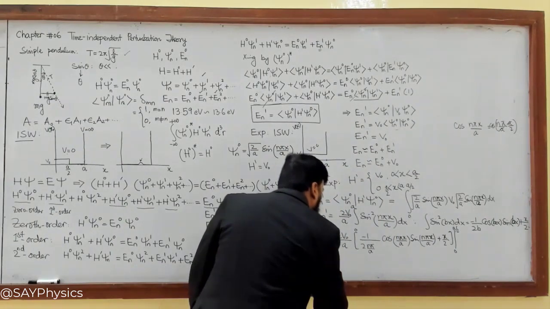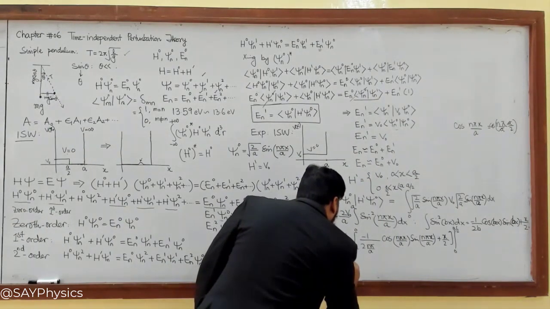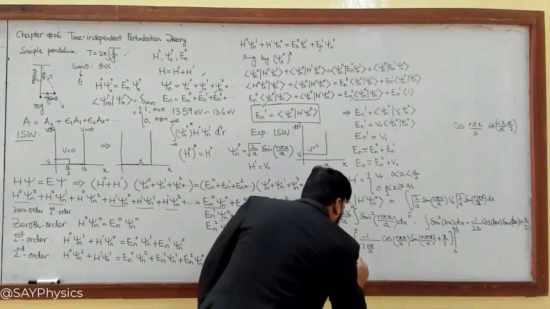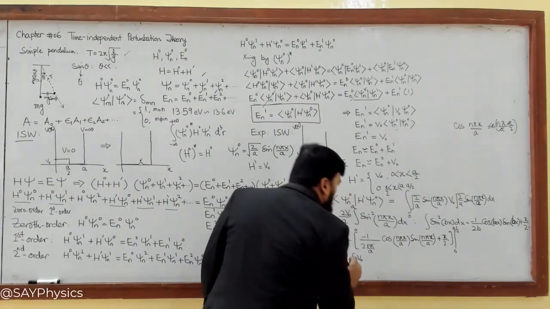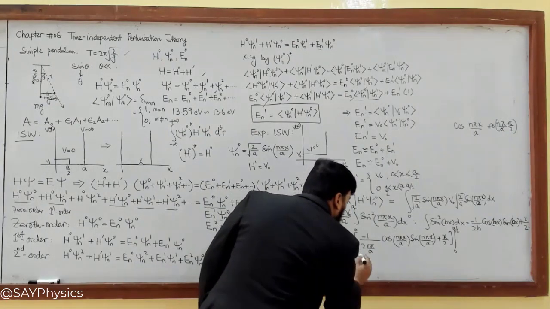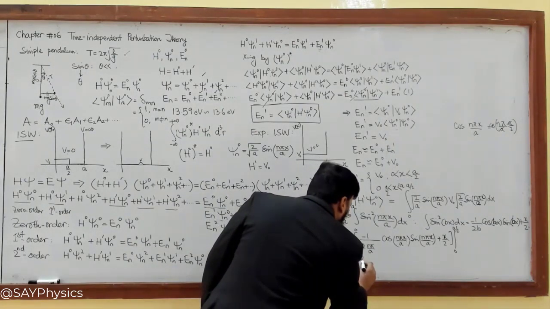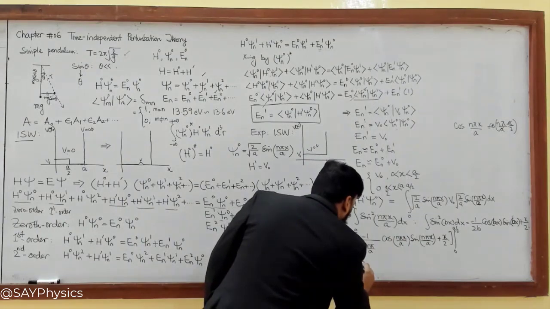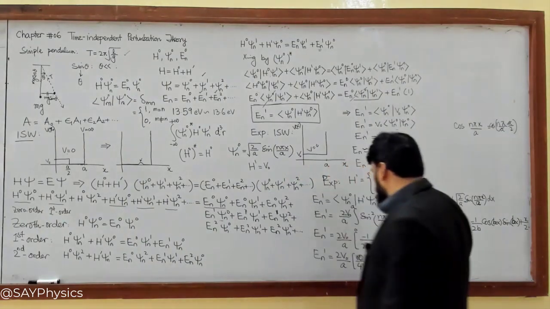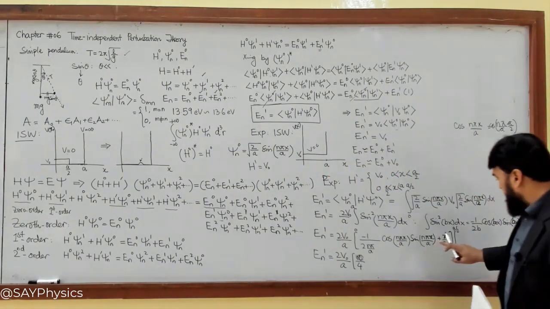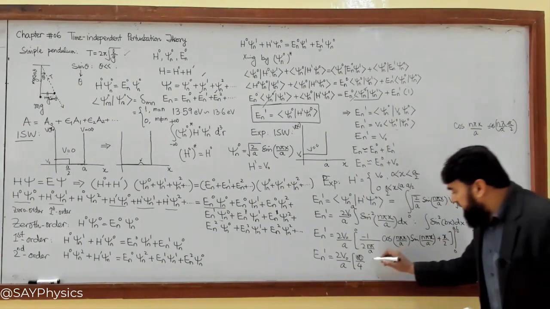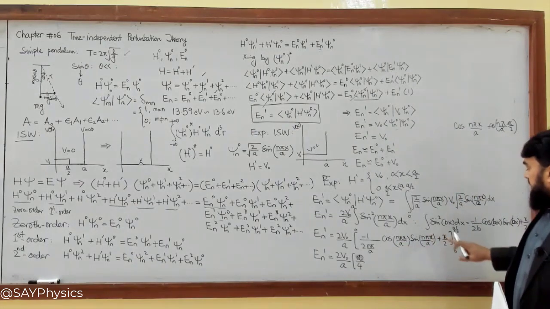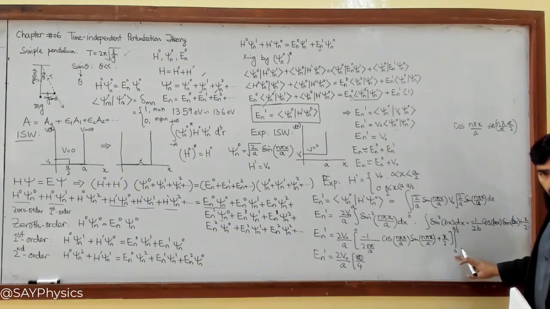So En1 is equal to 2V naught over a, and for the first term what came out is a over 2. So a becomes a over 4, because this is a over 2 and 2 makes 4. Plus, what about the next limit, 0?